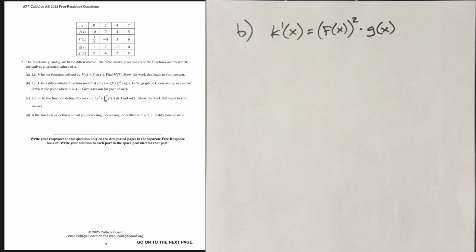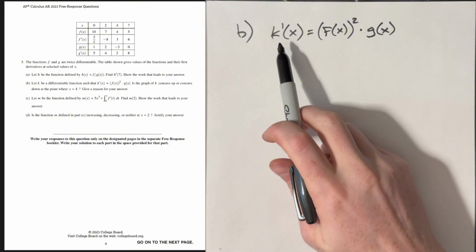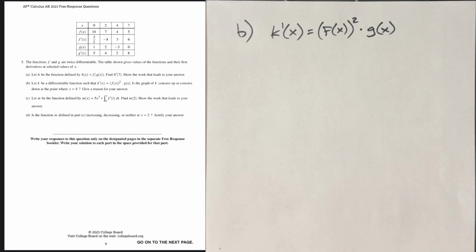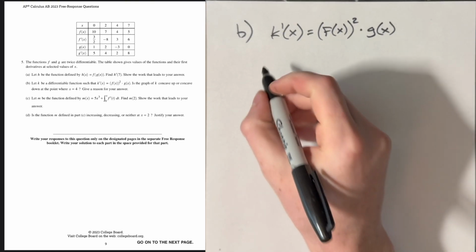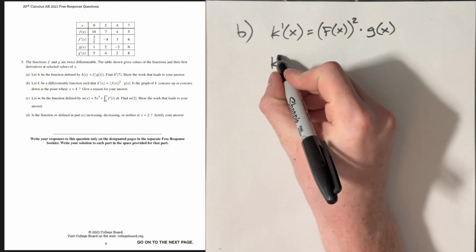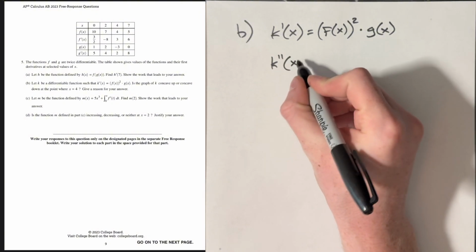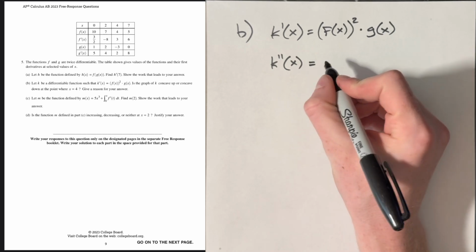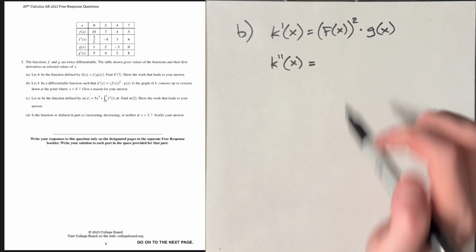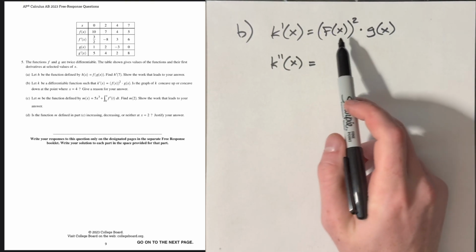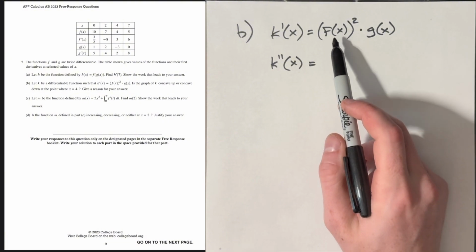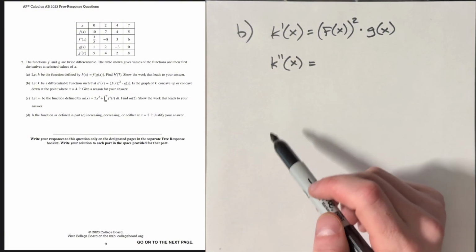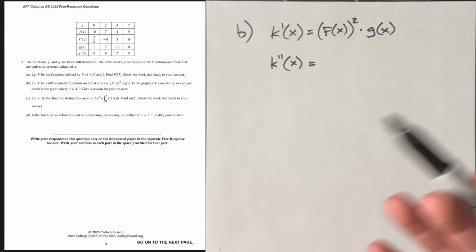Now it asks us a question about the concavity of the function k. We know that concavity is related to the second derivative of this function. So we will need to take the derivative of both sides in order to get the second derivative of k. Now, we have these two functions. I would be tempted at first glance to say, oh, well, we have a function raised to a power, so I can use chain rule or power chain, right?